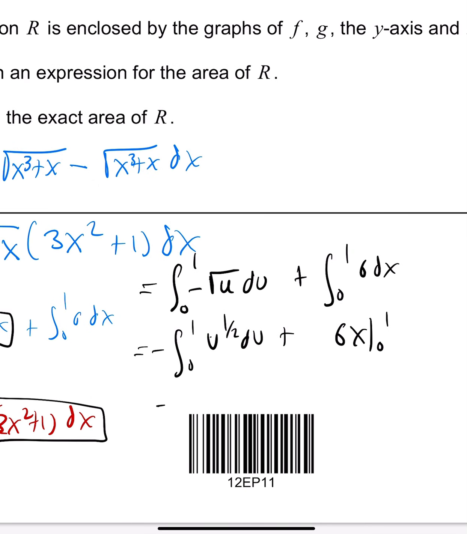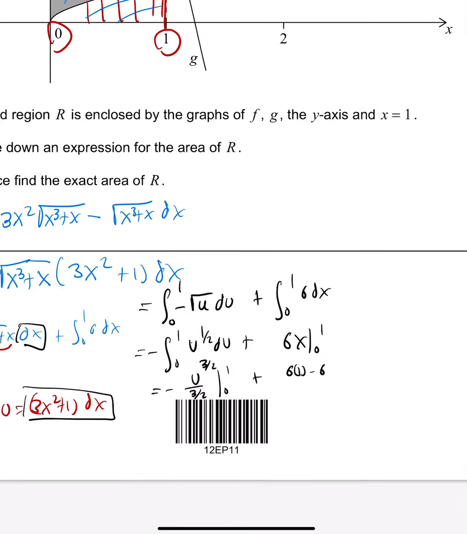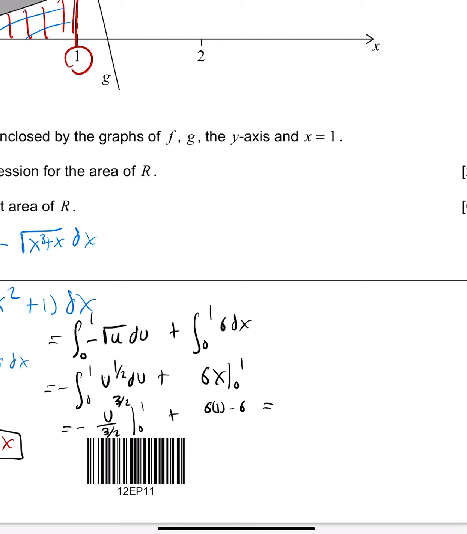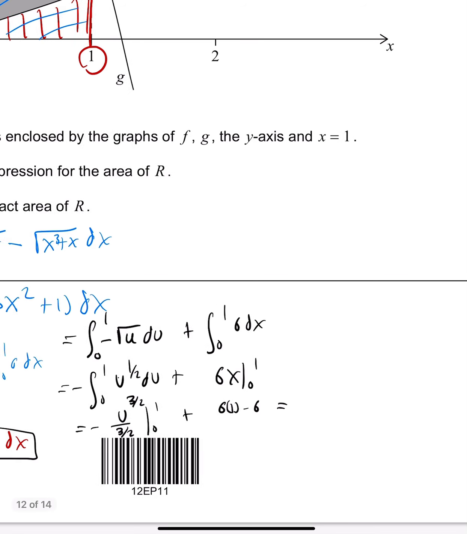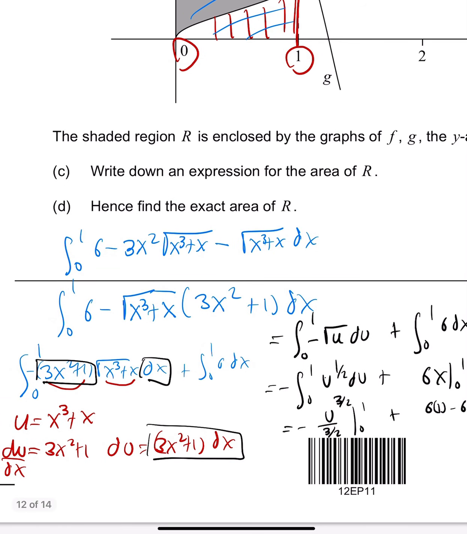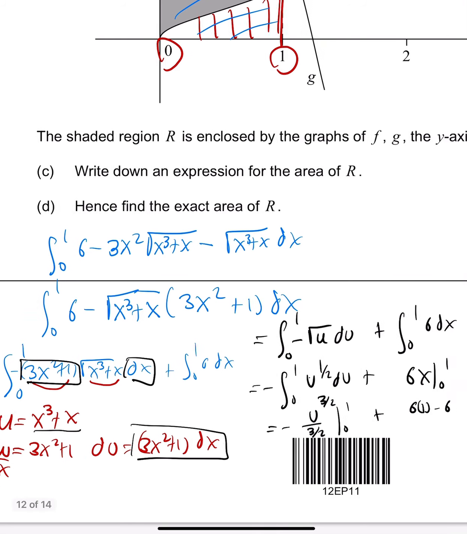So at this point, this is equal to minus u to the 3/2 divided by 3/2 from 0 to 1 plus 6 times 1 minus 6. And u, let's remember, was equal to x cubed plus x.